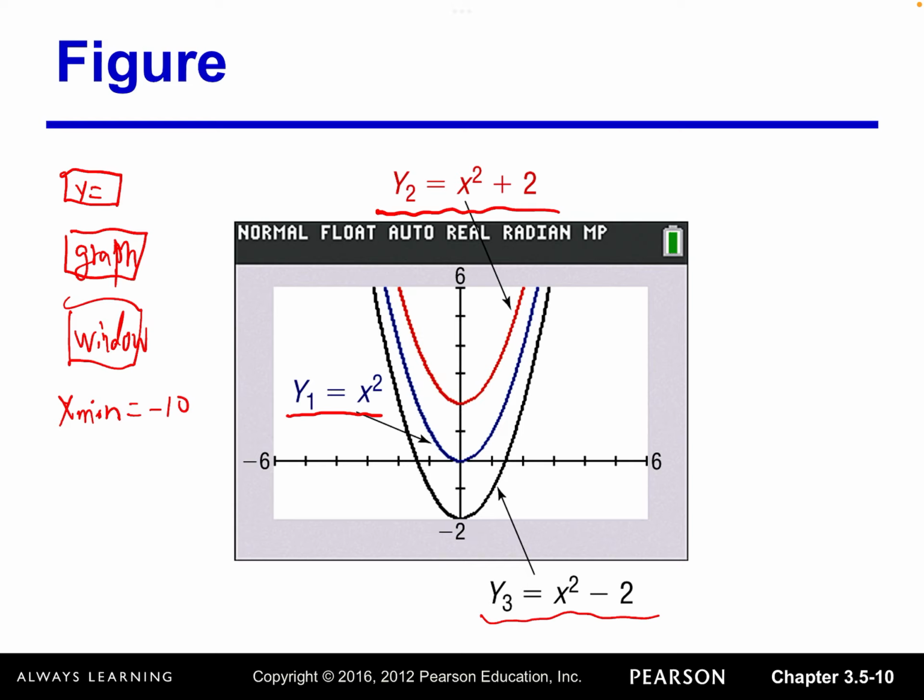Or here, negative 6. X maximum is positive 10 because we know the square function is symmetric, and the vertex is the origin 0, 0. And then y minimum, the smallest is minus 2, right? You can set negative 5. Y maximum can be a little bit bigger, let's say positive 10, and then you can see the graph like that, similar, okay?